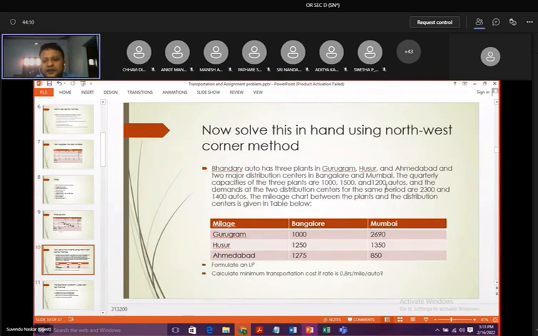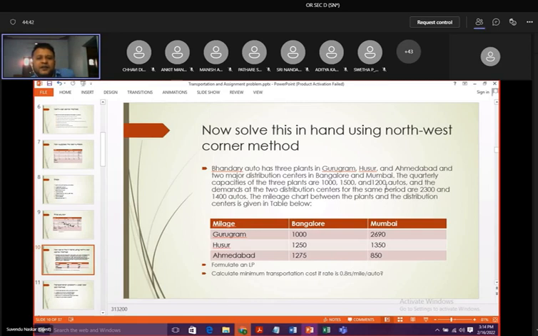Now, can you solve this? Just try it out. This is basically a 3 by 2 matrix, so it should not take much time. You have three production plants in Gurgaon, Hosur, and Ahmedabad, and two major distribution centers in Bangalore and Mumbai.